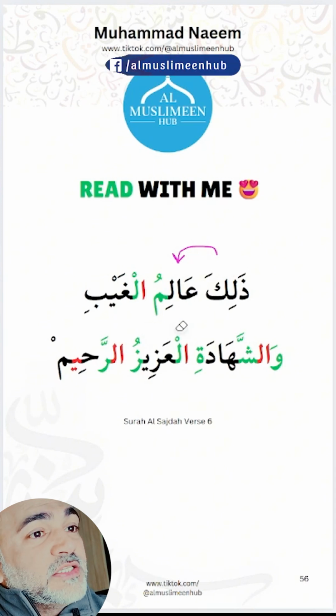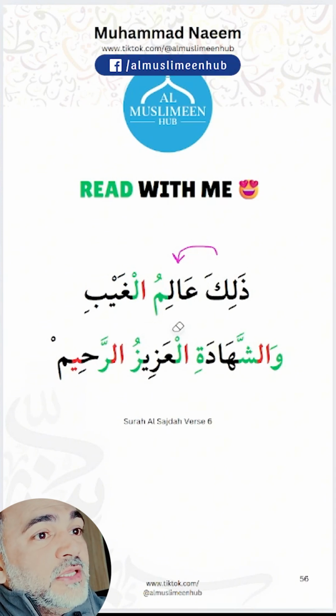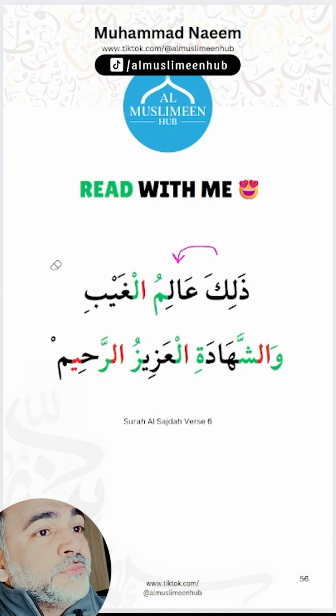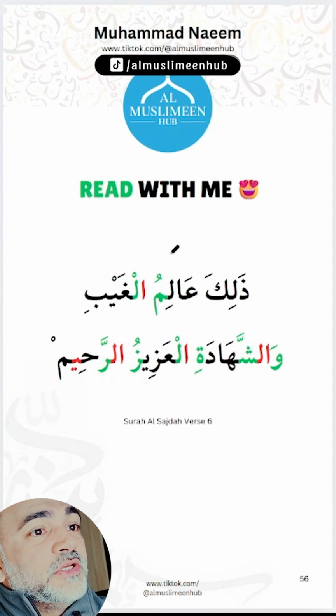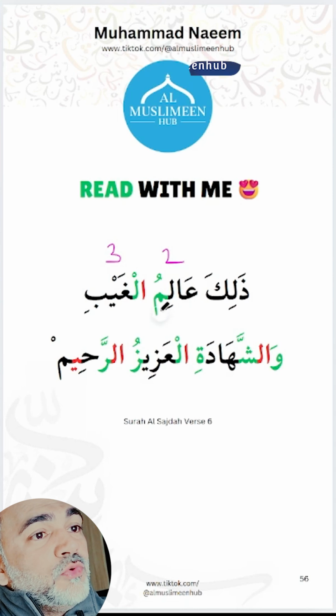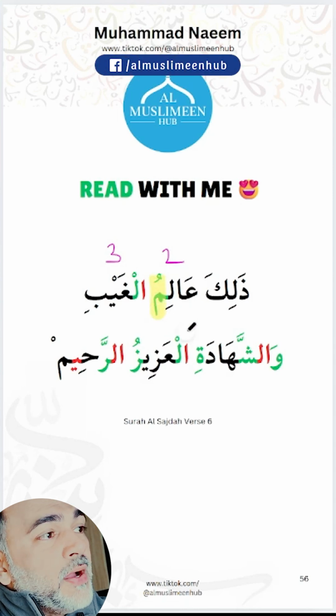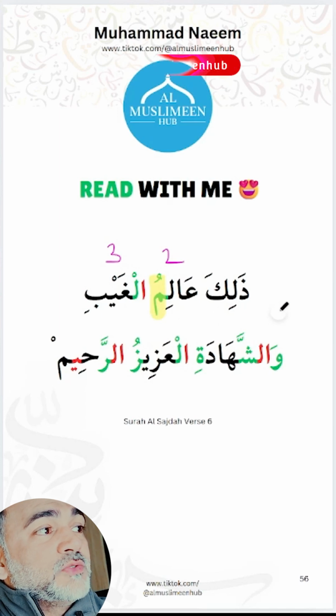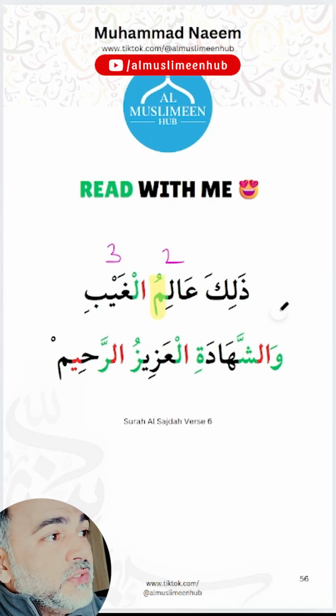Okay, now the second word needs to check if it needs to connect to the third word. In this case, let me write here 2, and then let me put here 3. Now when we read aalimu, the meme is having dhamma, and when it checks the third word, it finds alif is having no haraka. Now meme dhamma has to work hard to find sukoon or shadda. Without this it cannot connect.